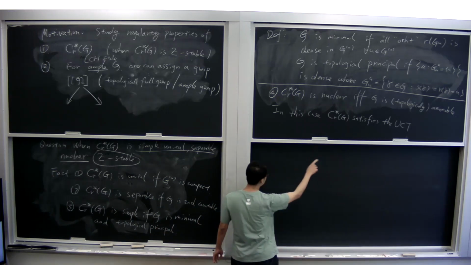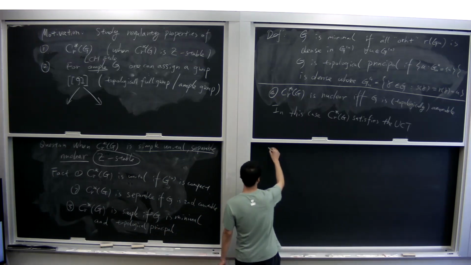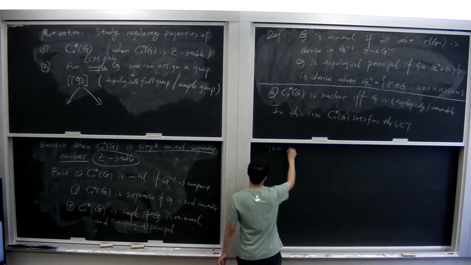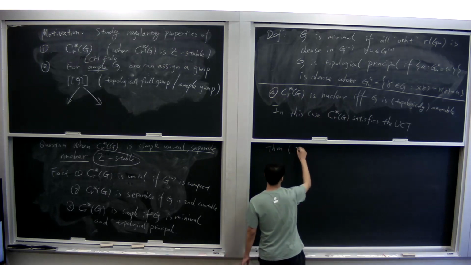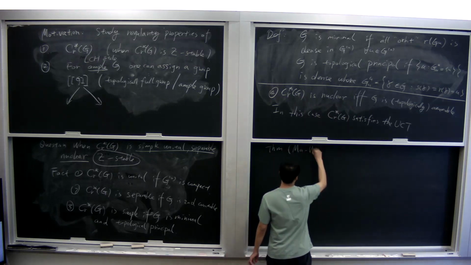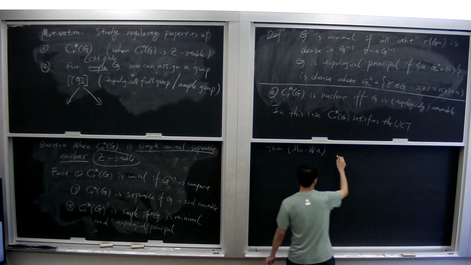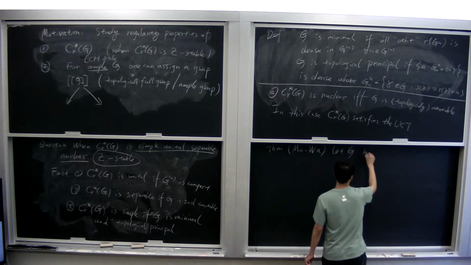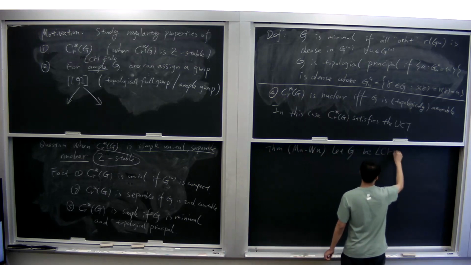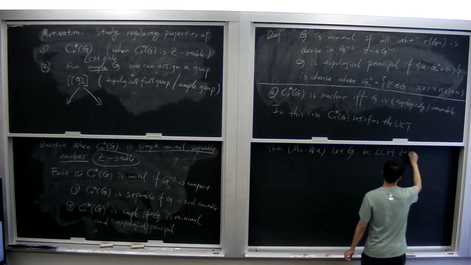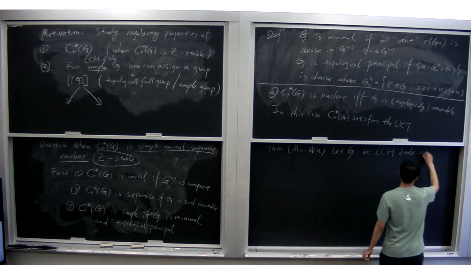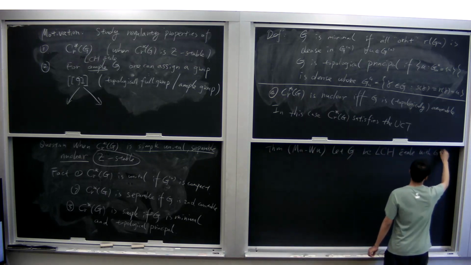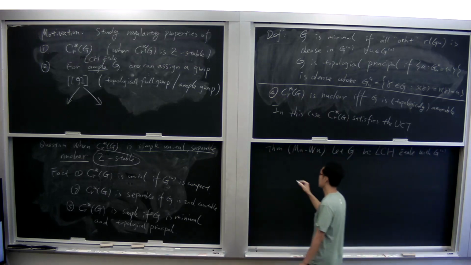I will explain the items we will use. So the theorem, by me and Jian Chao. Let your groupoid be locally compact Hausdorff, with unit space compact.